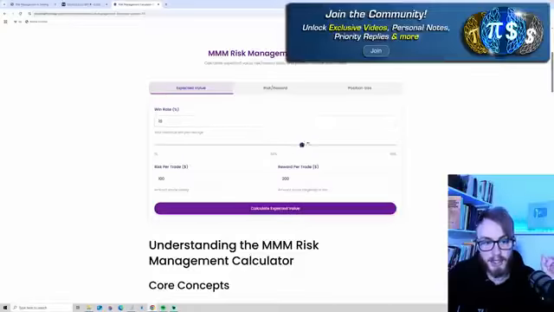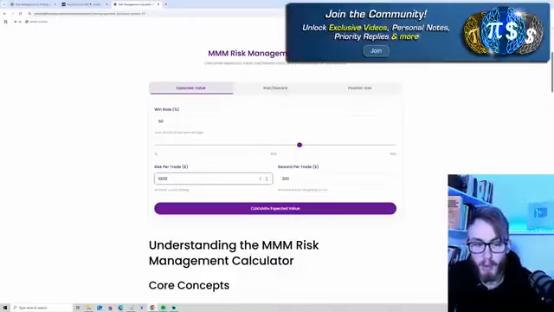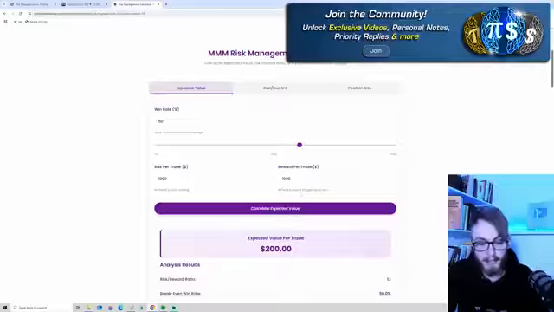You can also use this slider here to choose whatever win rate you want, but let's choose 60% here, and let's make this super simple and say that we risk 1,000 per trade, and we can win 1,000 per trade. Now let's calculate the expected value.